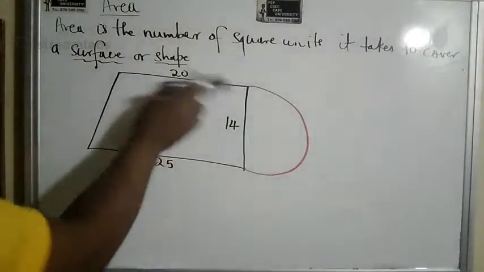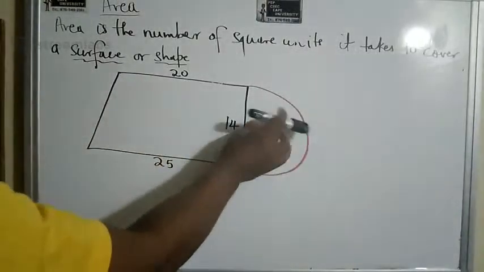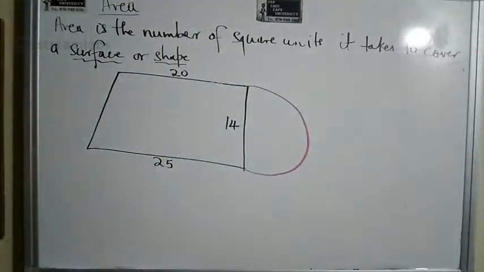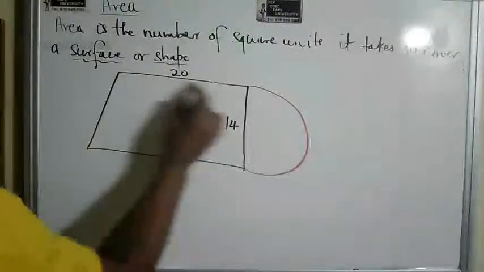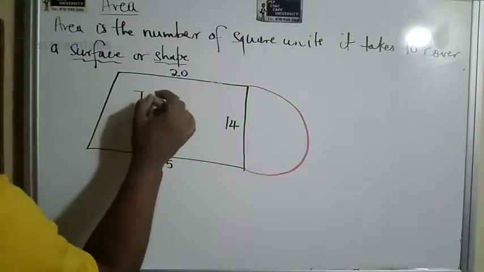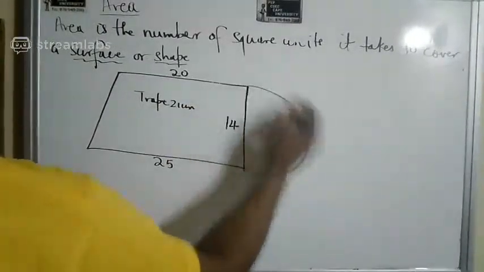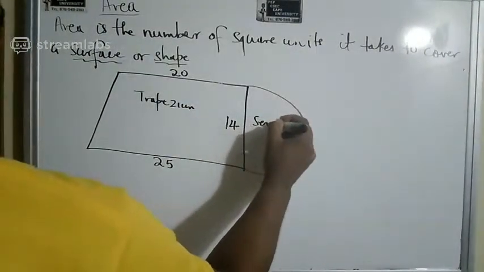So first thing you ask yourself, what type of shape is this and what type of shape is this. Now this is a trapezium, right? And this will be a semicircle or half of a circle.